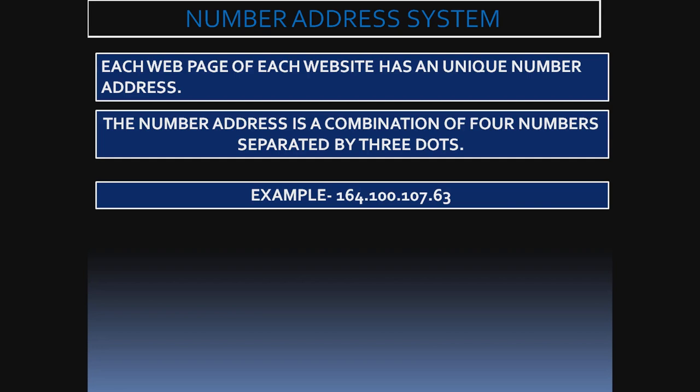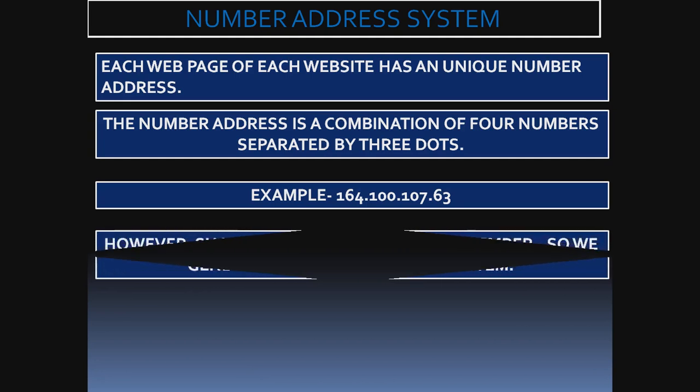As in the case of CBSE, we use www.cbse.nic.in. It is easier to learn www.cbse.nic.in than to talk of 164.100.107.32. So which part is easier? The letter addressing system is easier to understand. So letter addressing system should be preferred, and we therefore prefer the letter addressing system, that is domain name system.